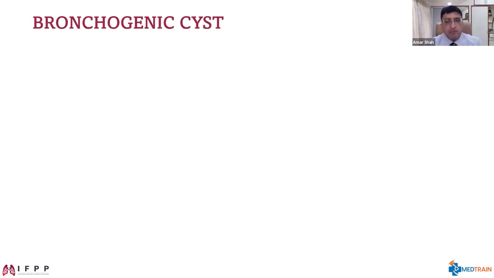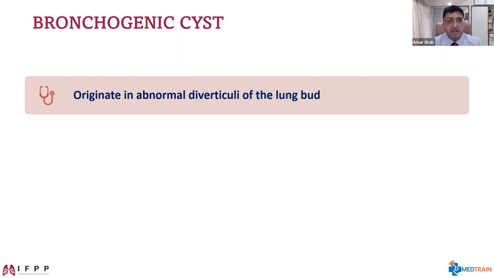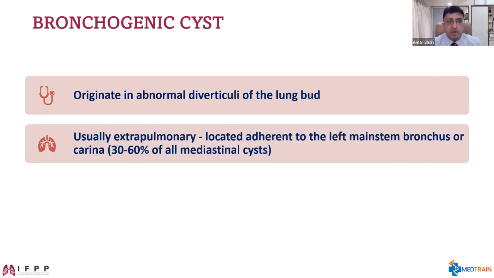So the next bronchopulmonary abnormality is bronchogenic cysts. These cysts normally originate in the abnormal diverticuli of the lung bud. It is usually extrapulmonary and it is located adherent to the left main stem bronchus or the carina.